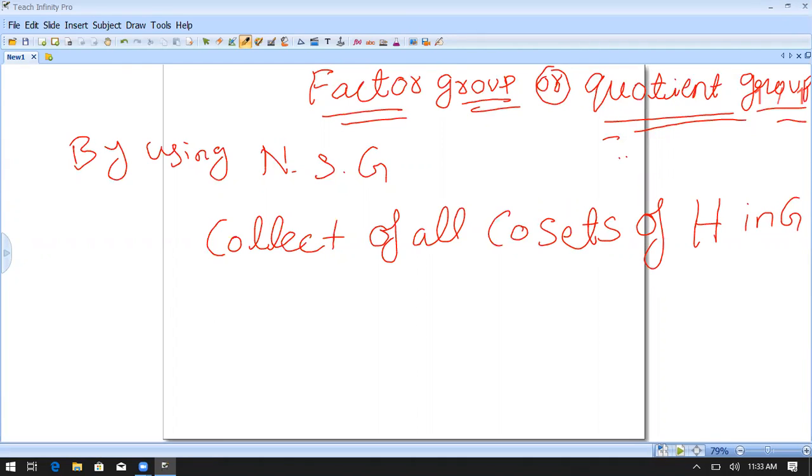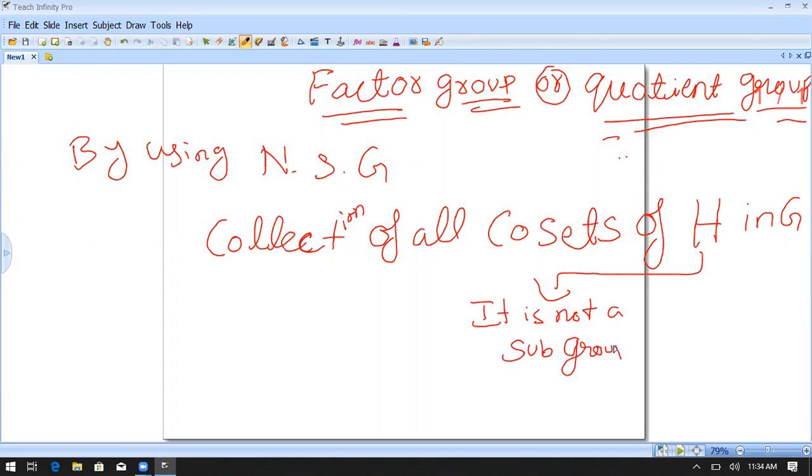Collection of all cosets of H in G. Here H is not just a subgroup, it is a normal subgroup.